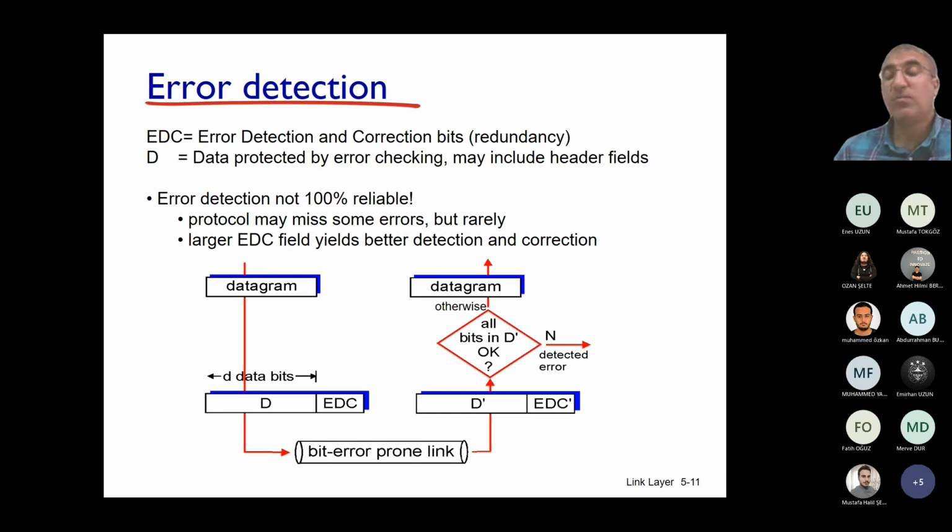So at the receiver side, we receive these bits, which are going to be D prime. According to an algorithm, we compute the EDC bits. If all the bits in D prime are okay, then we pass this to the upper layer. If they're not okay, then we detect the error and we trigger a mechanism if needed to detect and to correct these bits.